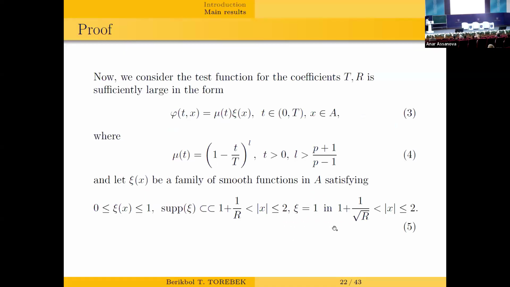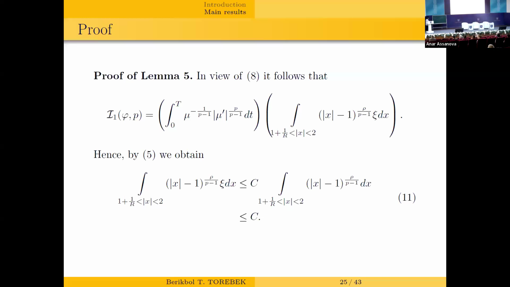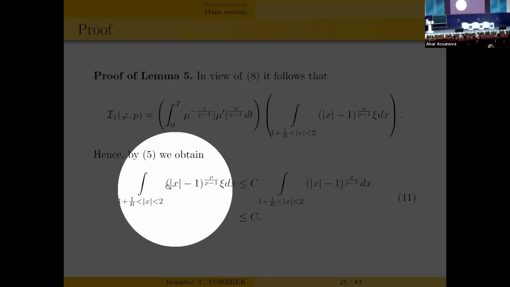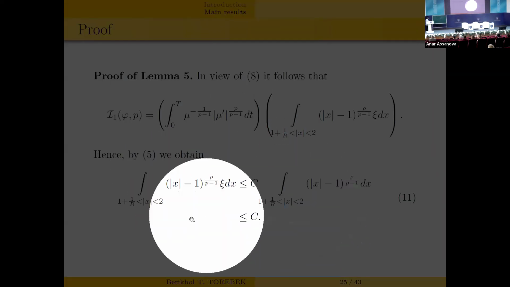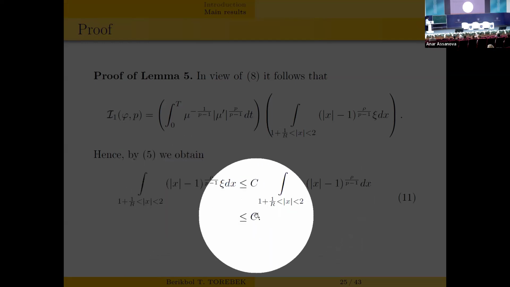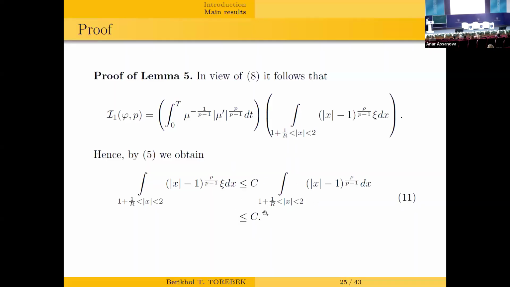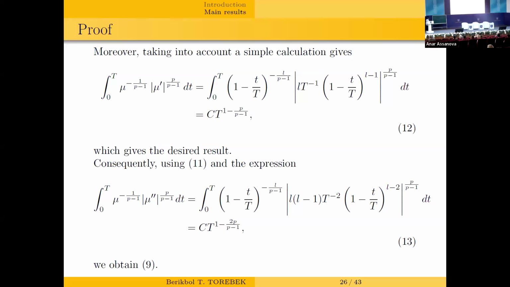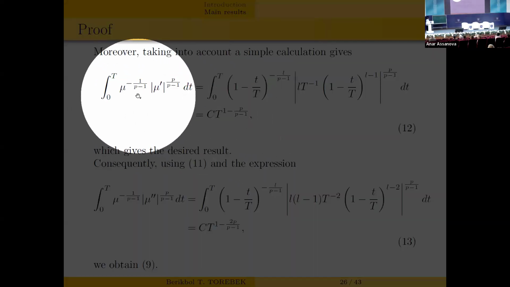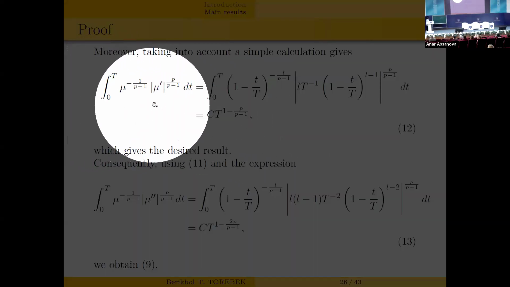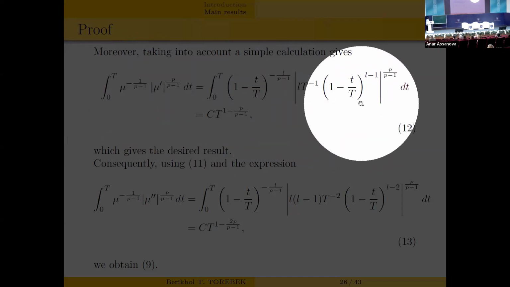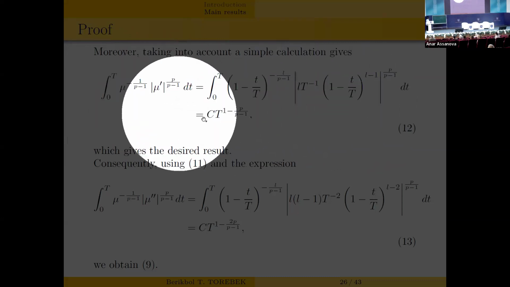Using these properties, this integral is bounded from above by a constant. And the function that depends on t can be explicitly calculated, and for this integral we have this one.